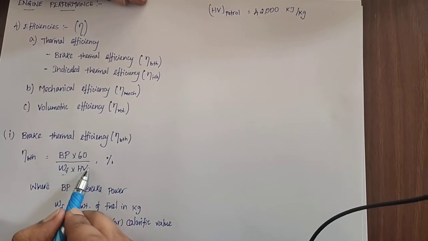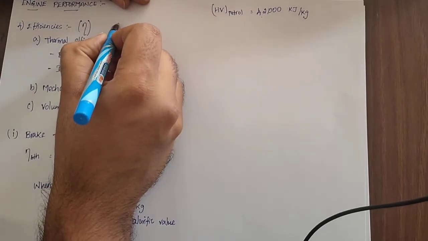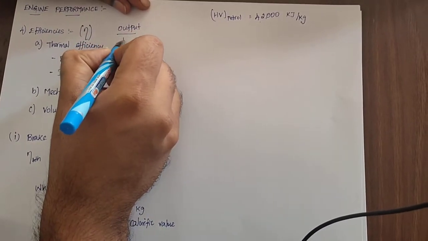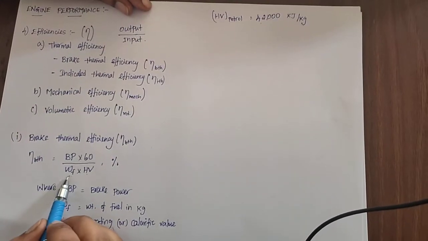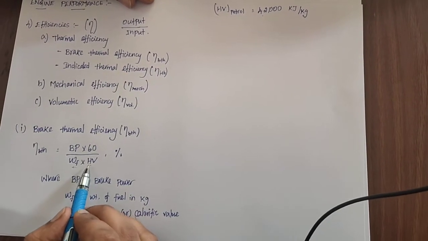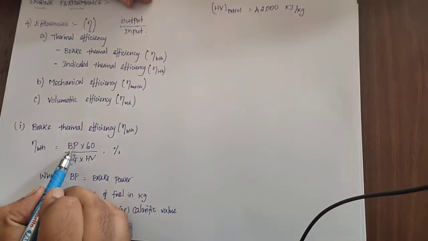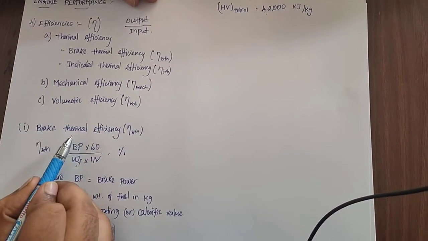We know that efficiency means output divided by input. Here the input is the fuel we give to the engine, 1 kg of fuel, and the energy present in it. The output we get is brake power, so it is named brake thermal efficiency.